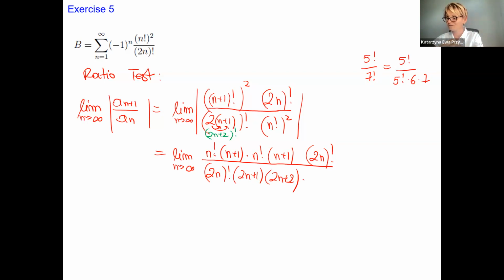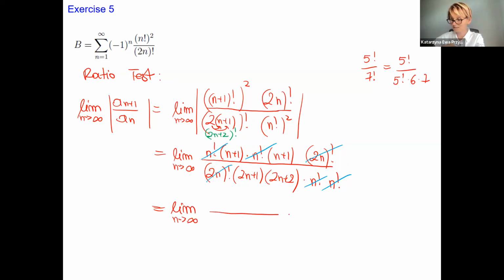Okay, and n factorial squared, n factorial, n factorial. Nice moment. This and this and this is cancelled. 2n factorial, 2n factorial. Okay, and what stays?